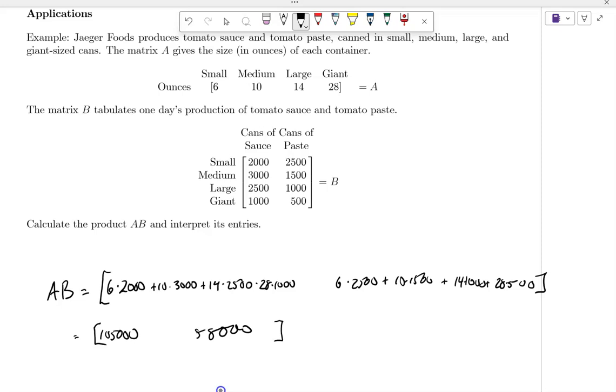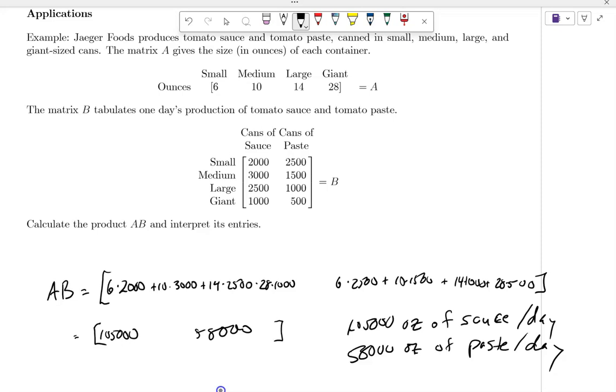So this is telling us that the company produced 105,000 ounces of sauce per day and 58,000 ounces of paste per day, because you're doing number of cans of sauce times number of ounces of sauce, essentially. So it's just a quick way to keep track of all those things.